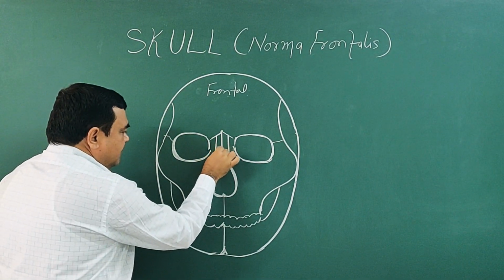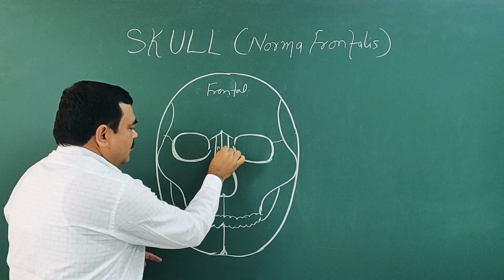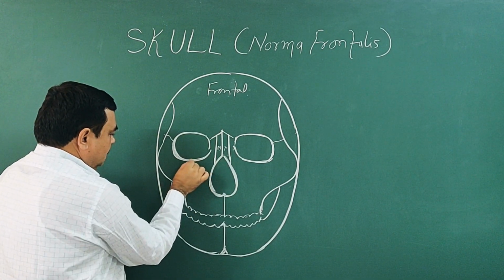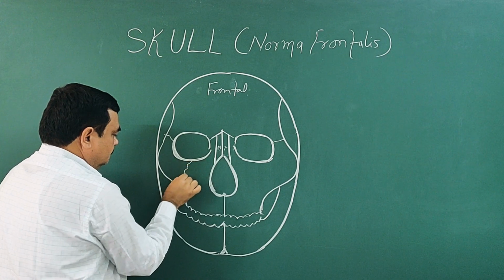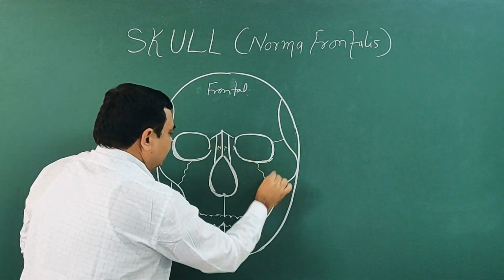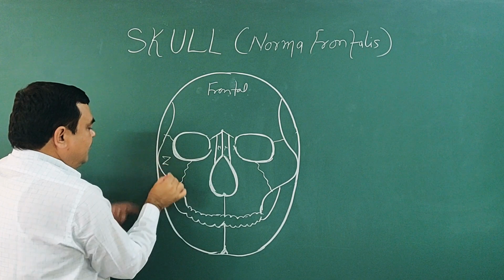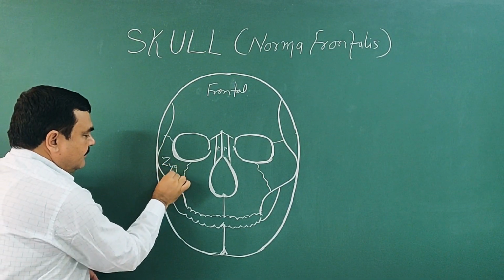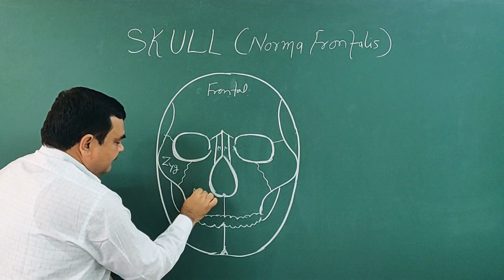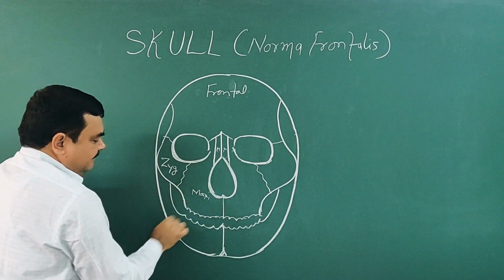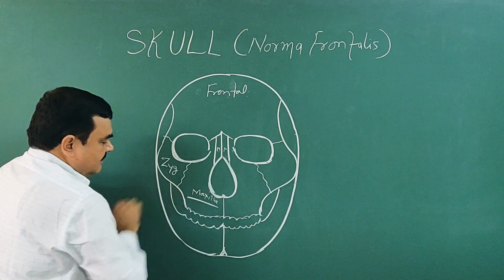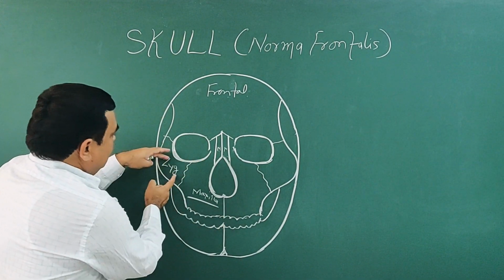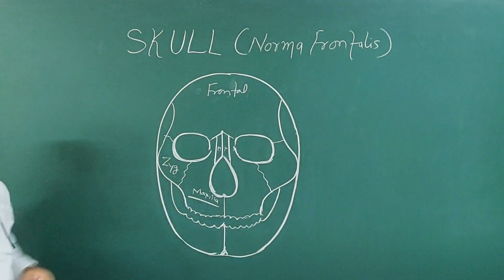Here are the two nasal bones, and this is the zygomatic bone. From here to here is the zygomatic bone, and this is the maxilla. So this is maxilla, zygomatic bone, frontal bone, nasal bone.